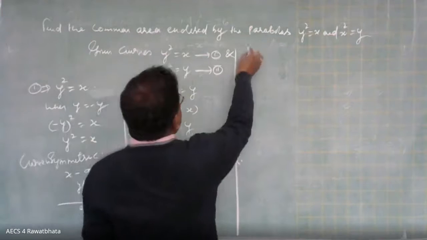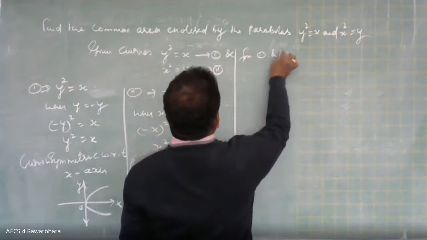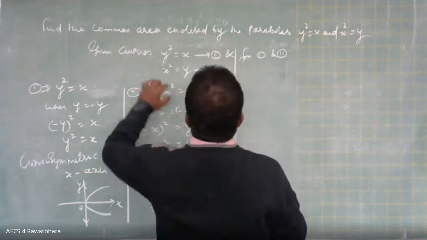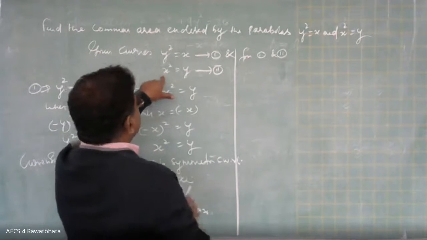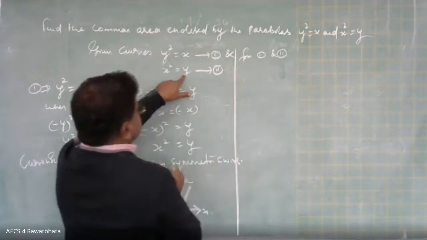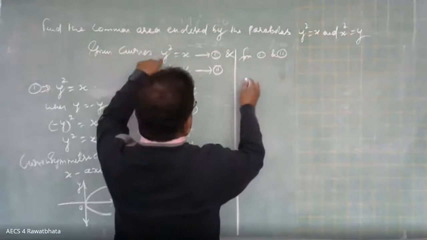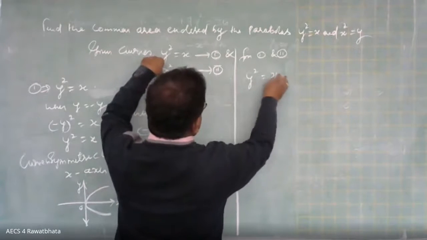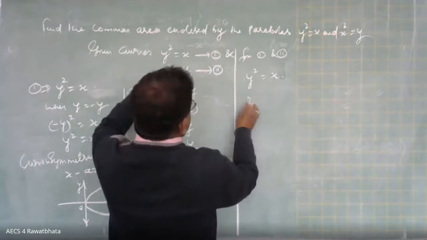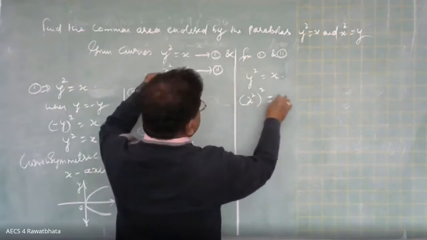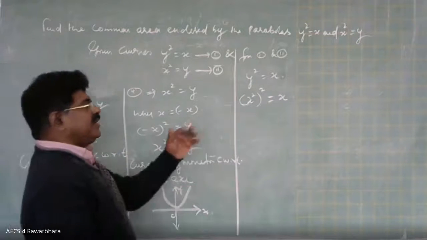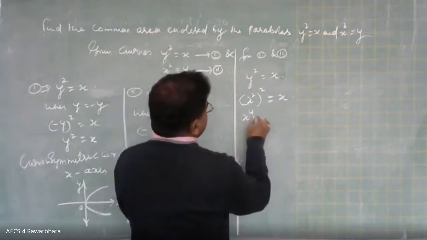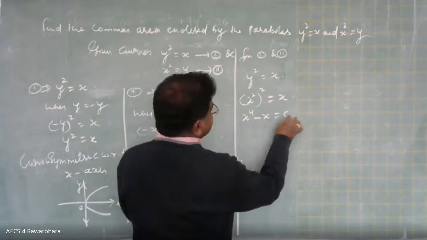So now from 1 and 2, y is equal to x squared. Then y squared is equal to what? Here y squared is equal to x, y is equal to x squared. So x squared the whole squared is x. That means x to the power 4 minus x is 0.